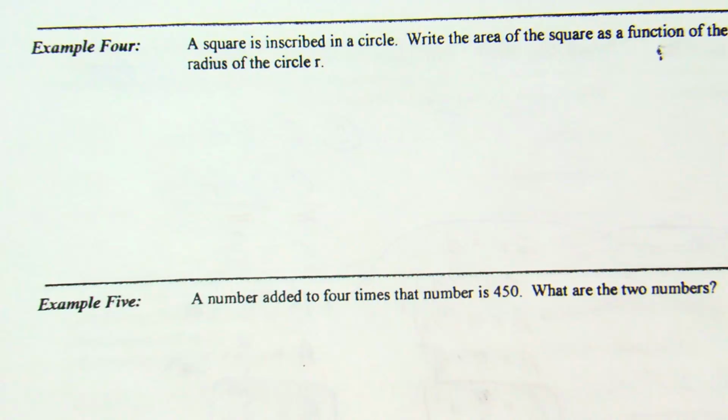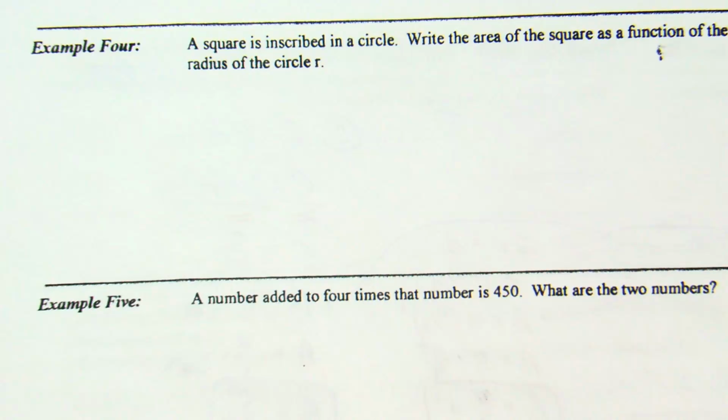Let's start with the area of the square, right? What do you know about area of a square? Length times width, except what's special in a square? The length and width are the same. So what is typical in a square is to use S as the side length.